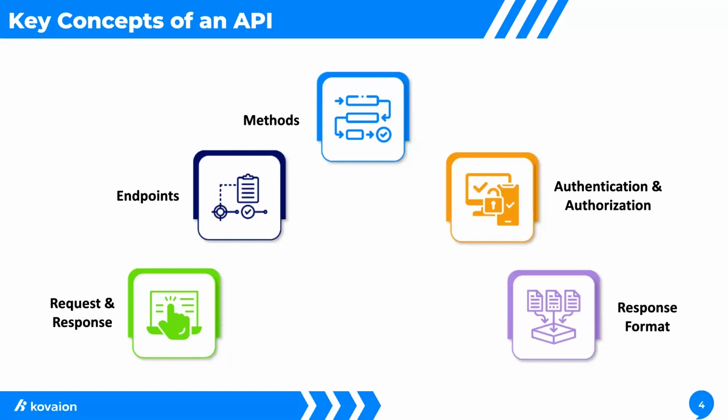That is the authorization. And then response format. If you give the request, the response will be in JSON format, or some applications use XML. Response format is the structure the response will have.